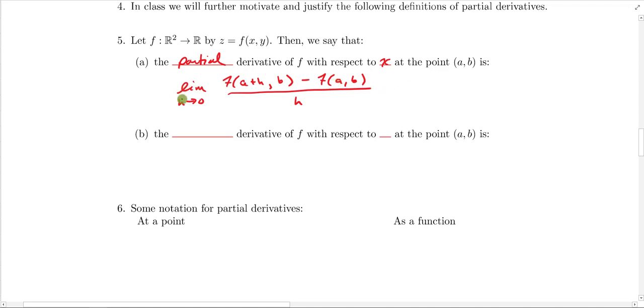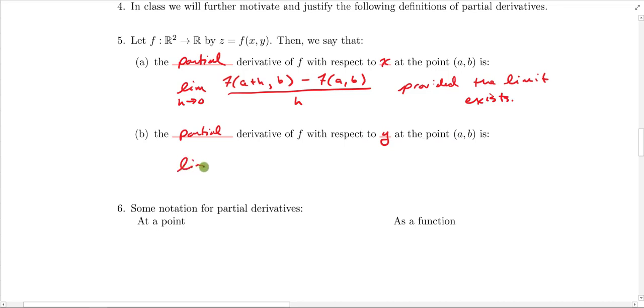Of course, you can write a limit all you want, but as we saw in the previous section, it doesn't actually make sense to write the limit if that limit doesn't exist. So we always have to add, provided the limit exists. Otherwise, the function is not differentiable at that point. So the partial derivative of f with respect to y at a point a, b is what?